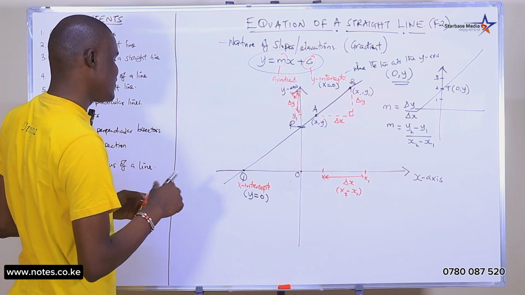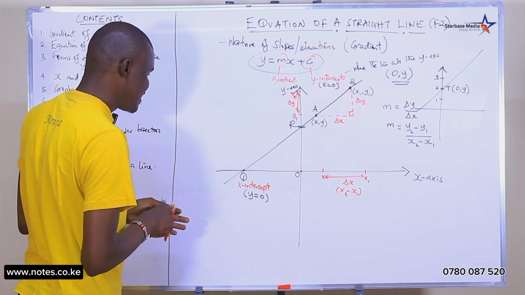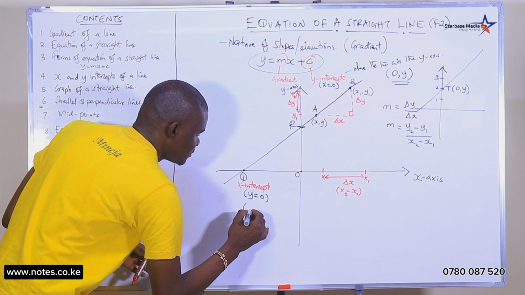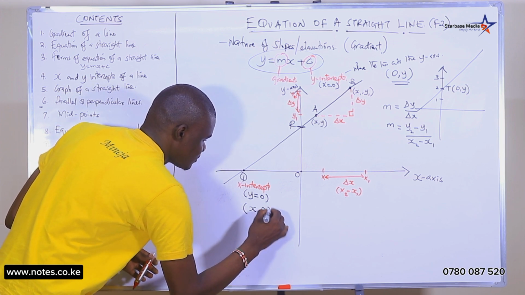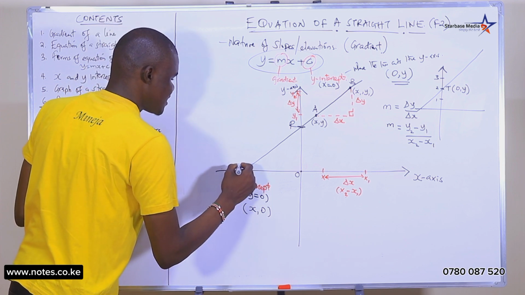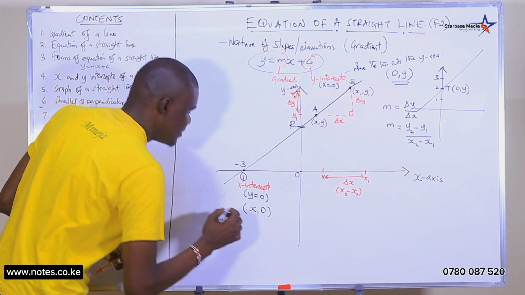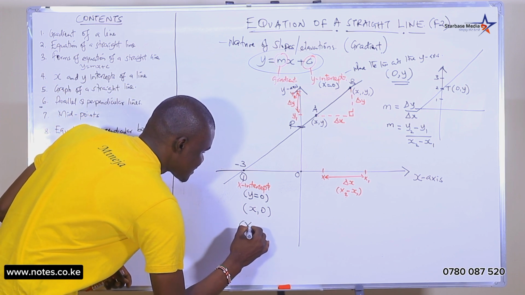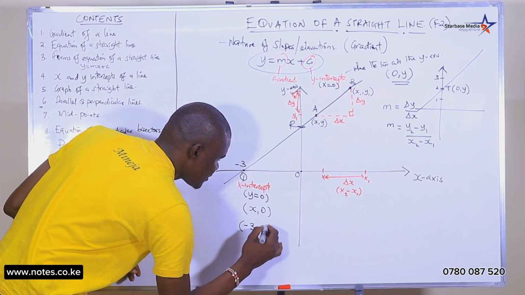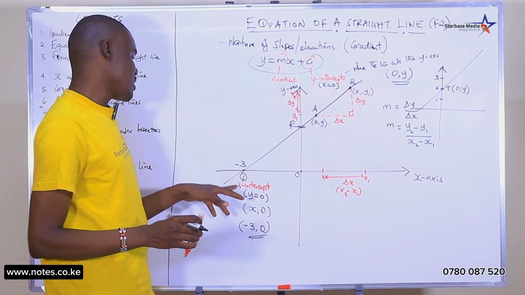So anytime I'm giving the coordinate of the x-intercept, I'll give it in the format of (x, 0). So if this point was point Q and maybe it was -3, my coordinate for the x-intercept will be (-3, 0). So that is the coordinate of the x-intercept.